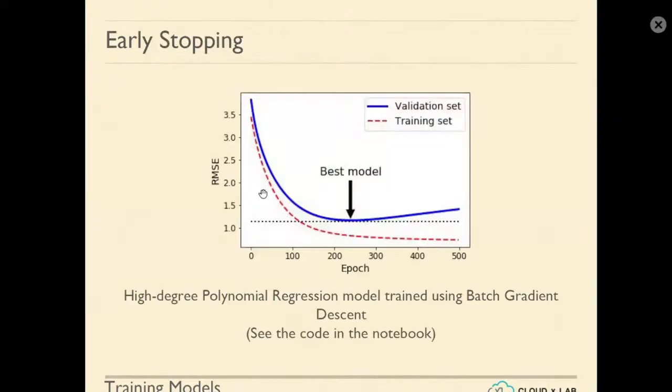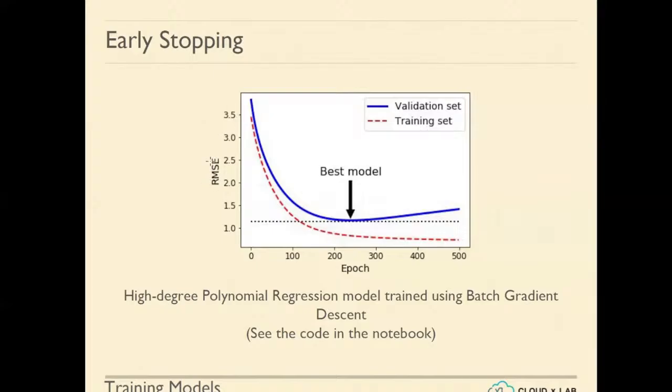So let's take this example. Assume we are training some model using iterative methods. In iterative methods, we use several iterations, several epochs, to optimize our model. So assume here we are using 500 epochs to train our model, right?